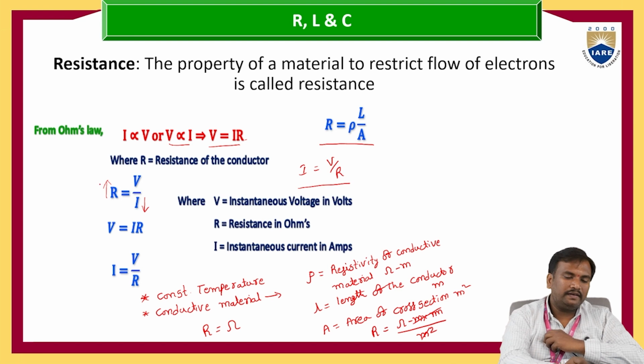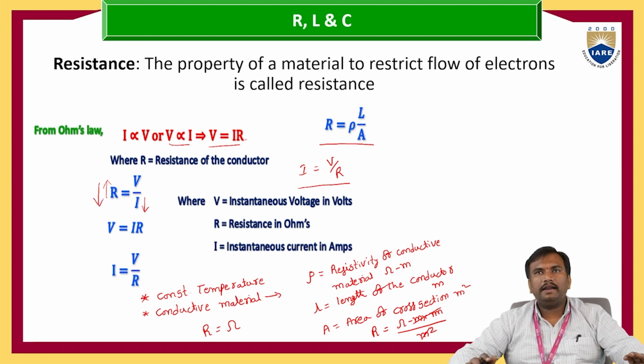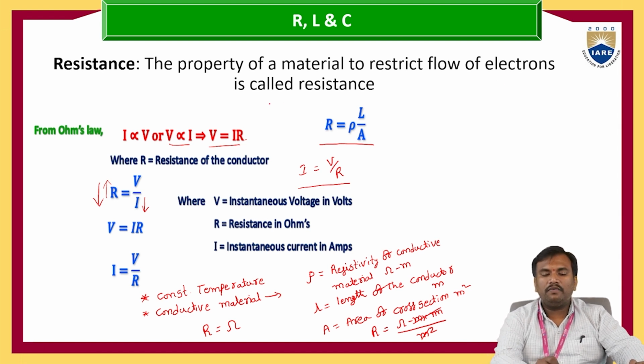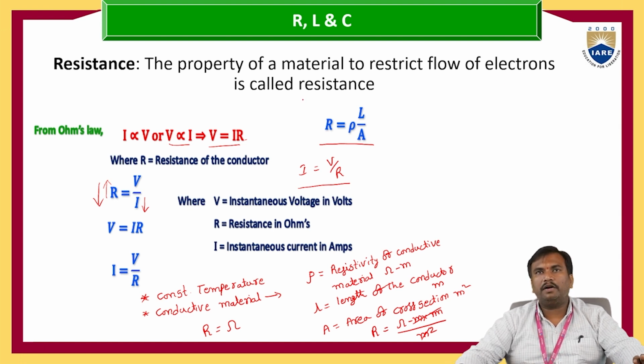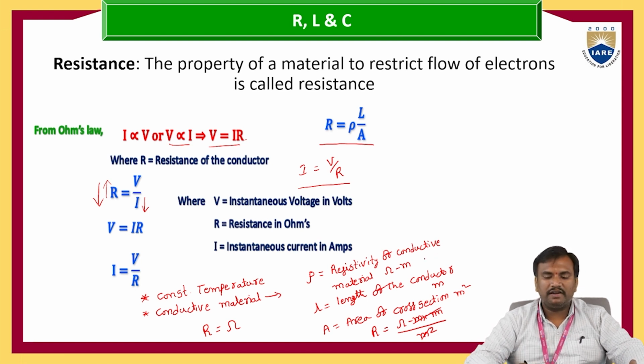The property of a material to restrict the flow of electrons is called resistance. R is equal to rho L by A, where rho is the resistivity of the conductive material, L is the length of the conductor in meters, and A is the area of cross section in meters squared.